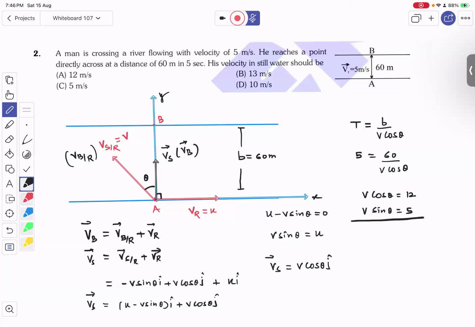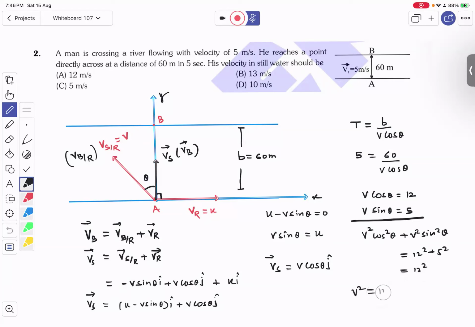So in case they ask us to find the angle theta, I divide them to find tan theta, or if they are asking us to find v, I'll square up and add them, no? So v square cos square theta plus v square sin square theta should be equal to 12 square plus 5 square. That is the famous thing, no? 13 square.